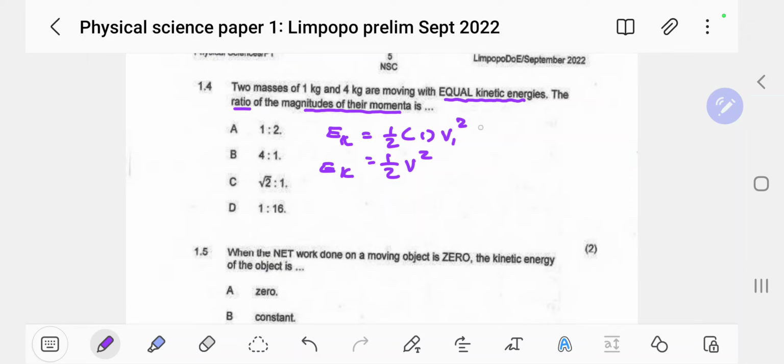Okay, so this is the first instance. Now what about the second instance? If we look at this one, because we are told the kinetic energy is the same, we're going to just call it EK is equal to half, the mass is 4, and then V2 squared.